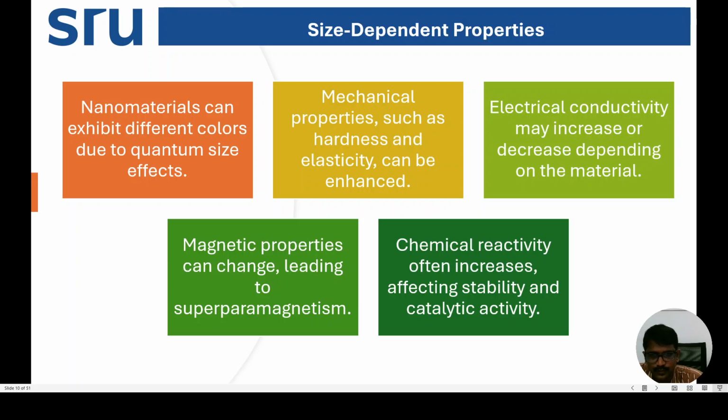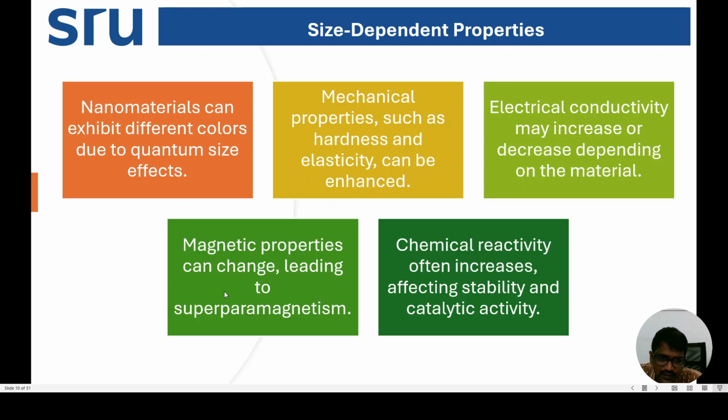Coming to magnetic properties, they can change, leading to superparamagnetism. Nowadays we are using magnetic levitation in Japan and maybe China. Japan uses a magnetic levitation train, which is because of superconductivity.